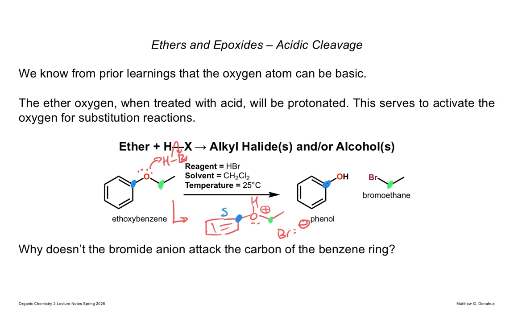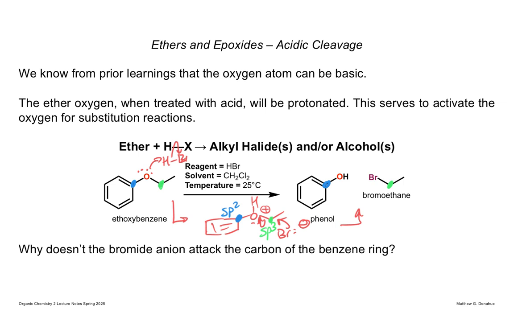So blue is sp2 and green is sp3. So if it's going by SN2 reaction, we already know that sp2 hybridized carbons do not undergo SN2 reaction. So bromide will be the nucleophile. It'll attack that specific carbon.